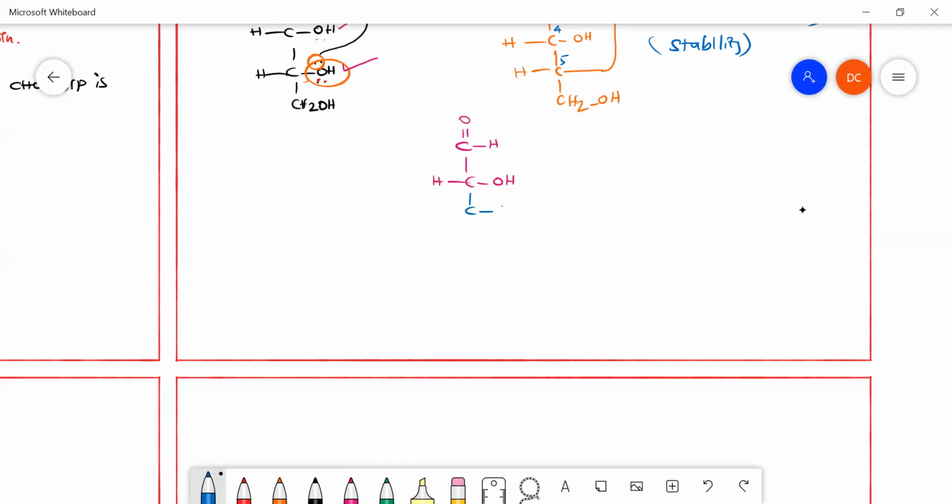If the hybridization is sp2, what will be the structure? So you studied about sp, it is linear. sp2, it is cyclic, sir. Cyclic or trigonal.